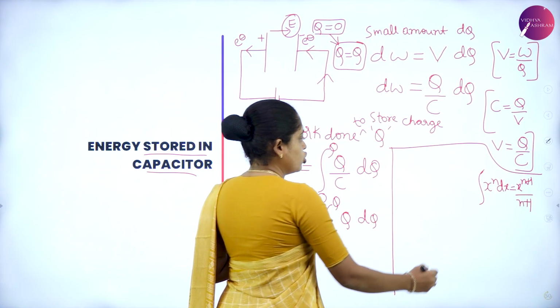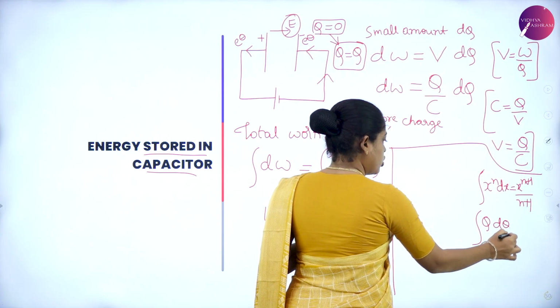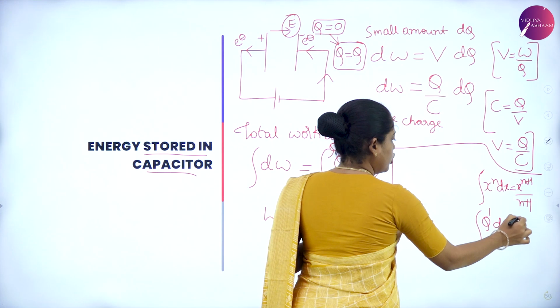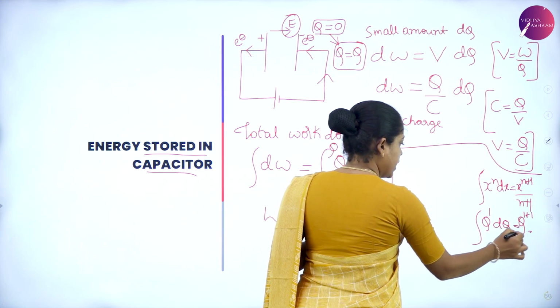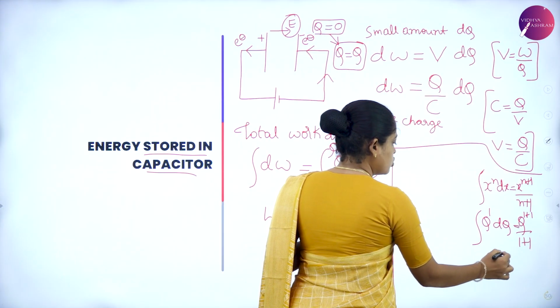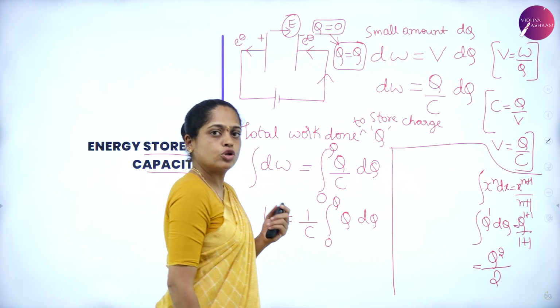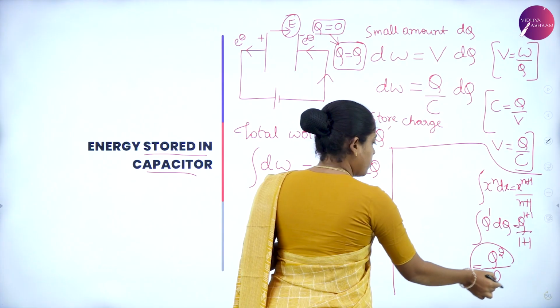Now, integration of Q dQ, where Q has the power 1, is equal to Q to the power of 1 plus 1 by 1 plus 1, which is equal to Q square by 2. So what is the answer for integration of Q dQ? The answer is Q square by 2.